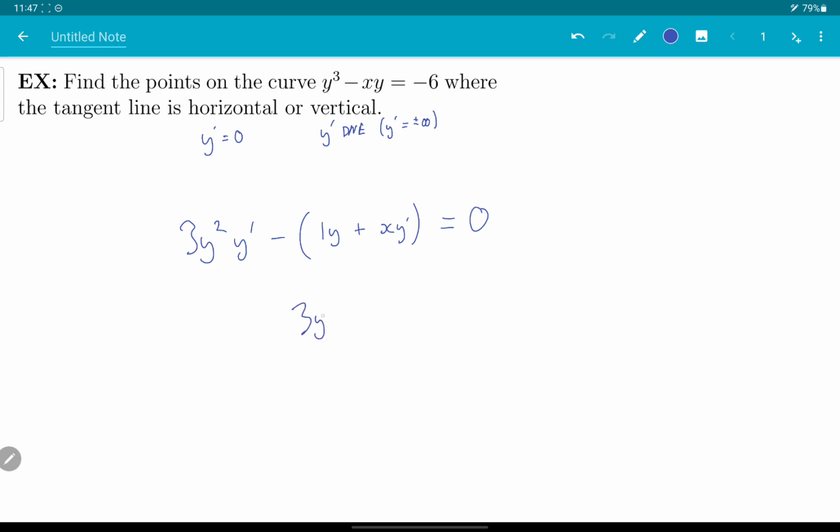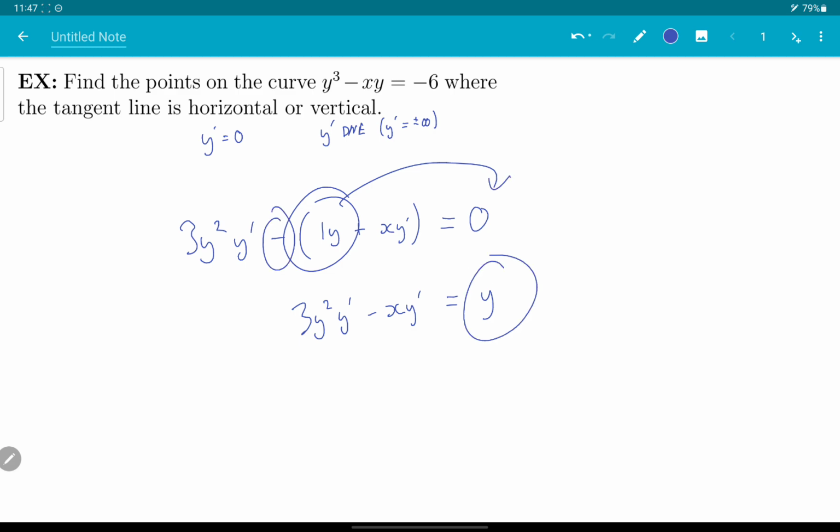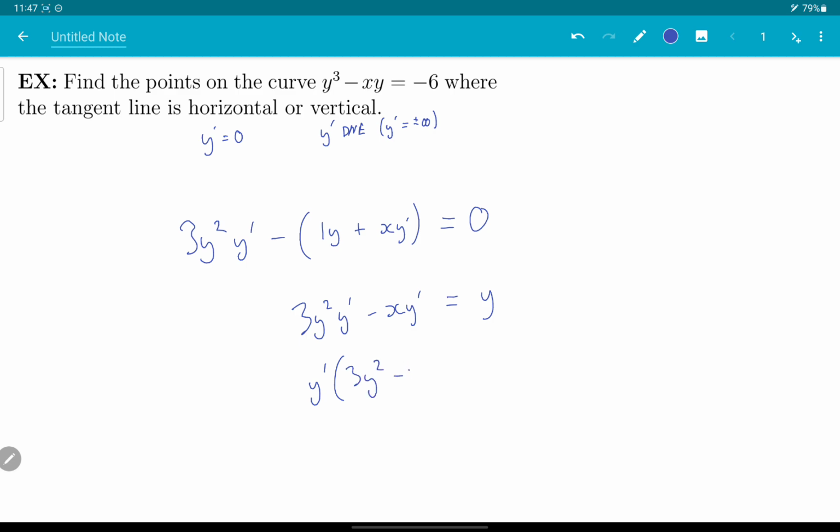So we get 3y squared y prime minus xy prime is equal to y. This guy went over here. It had a minus, became a plus. Okay, factor out y prime and solve for y prime.